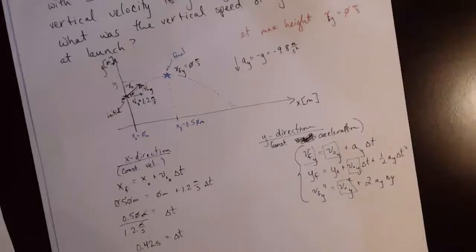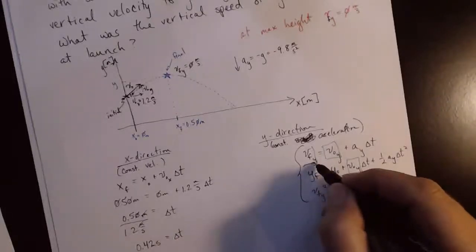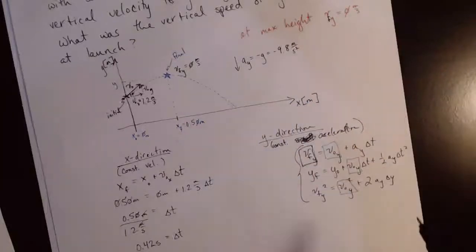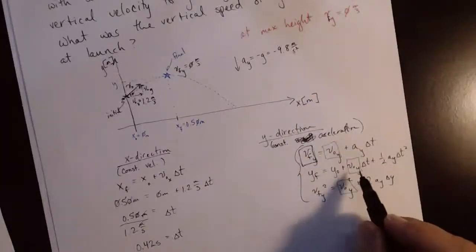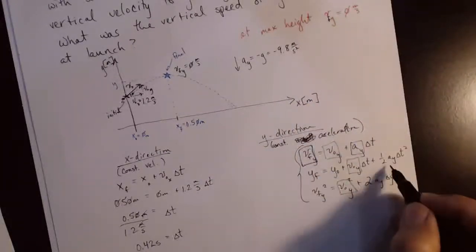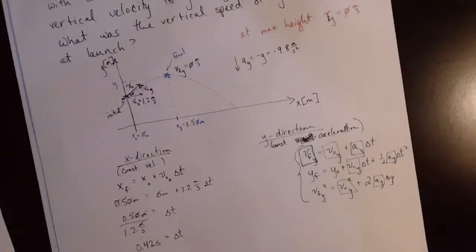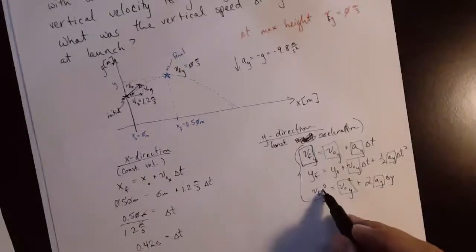All right, and then things we know, I'm going to square in blue. We know the final velocity in the y direction is 0. We know the acceleration in the y direction for all of these. It's just gravity.